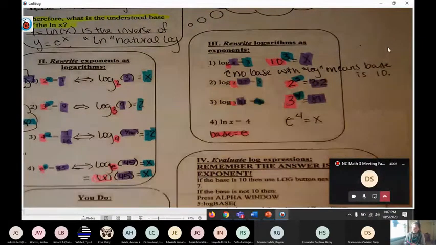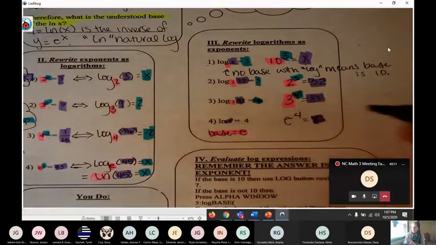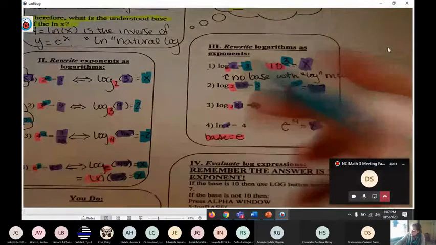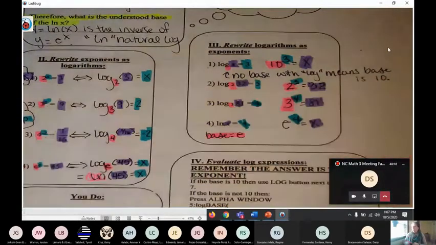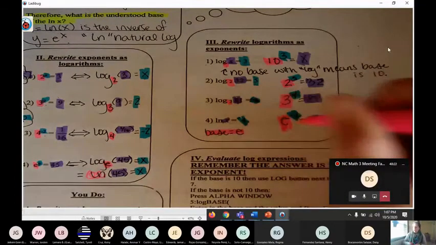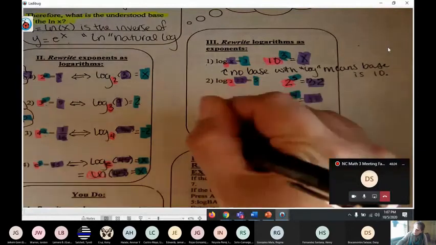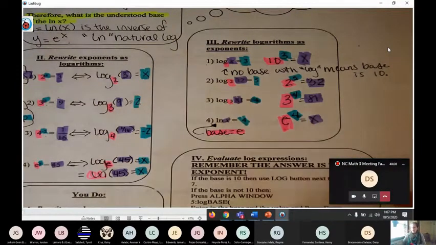Perfect. The power was 4 and our base is e. Thank you very much. So the natural log means we have that base e. Good job. I'm impressed, guys.